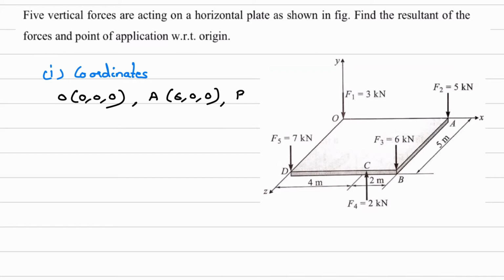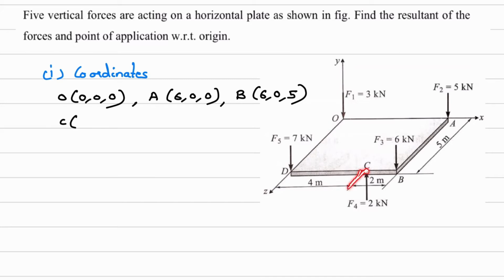Then point B. Point B location is given over here. Tell me what is x, y and z coordinate. Point B is over here. So x is 6, then y is 0, because this is the y-axis. So y is 0 and z is 5. So I'll write down B as 6, 0, 5. Then point C. Point C location is here.